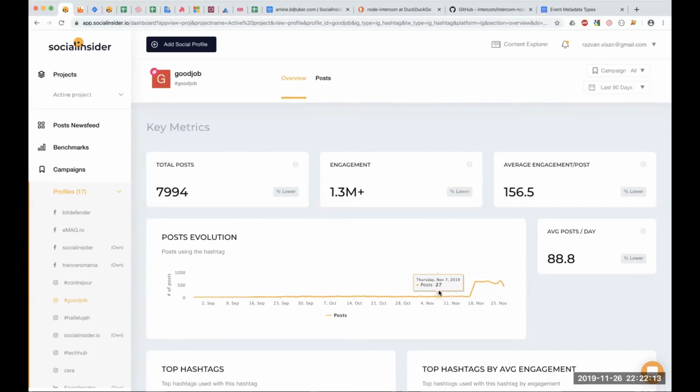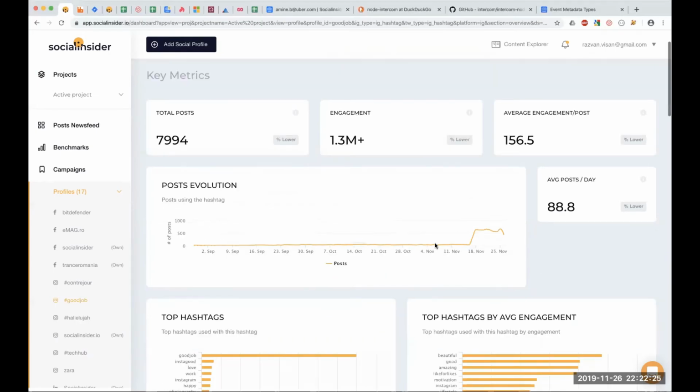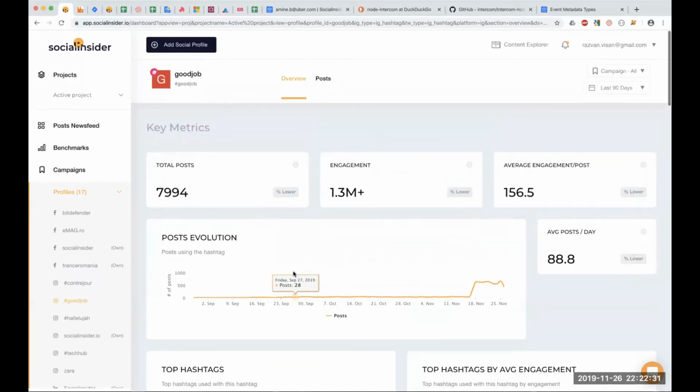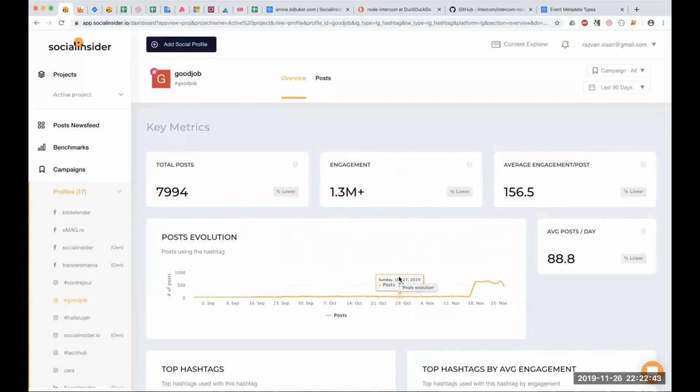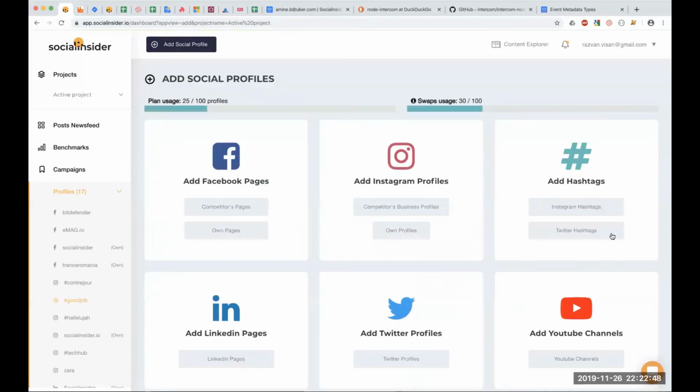But the history posts are pretty evenly spread out, around 40, 50, 20 posts per day, because these posts come only from the top media endpoint. One more thing to note is that the engagement for these history posts is really big, because as the endpoint tells you, they're the top media. Yep, so that's the limitation for Instagram hashtags.